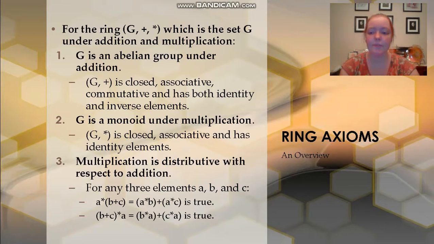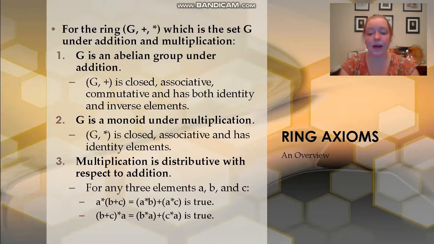The third axiom is that multiplication has to be distributive with respect to addition. That just means it has to be both left and right distributive. The top example here, a times (b plus c), is left distributive. So that just means it has to be equal to a times b plus a times c. And the bottom here, (b plus c) times a, is right distributive.